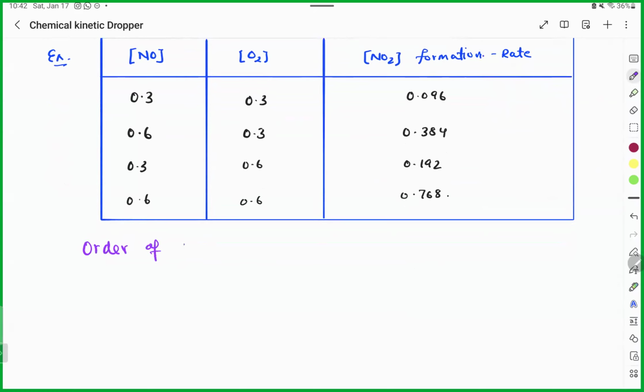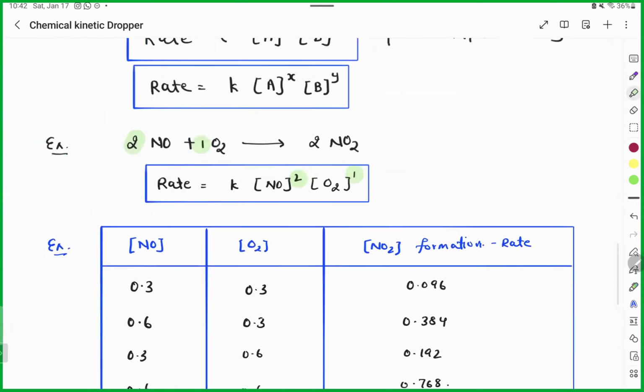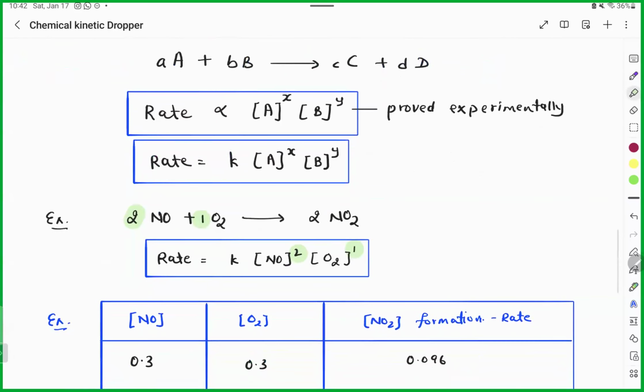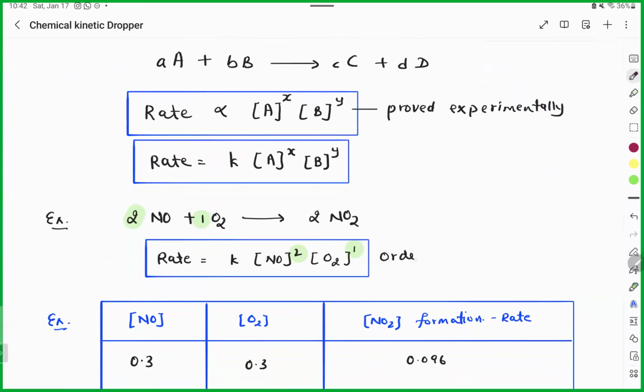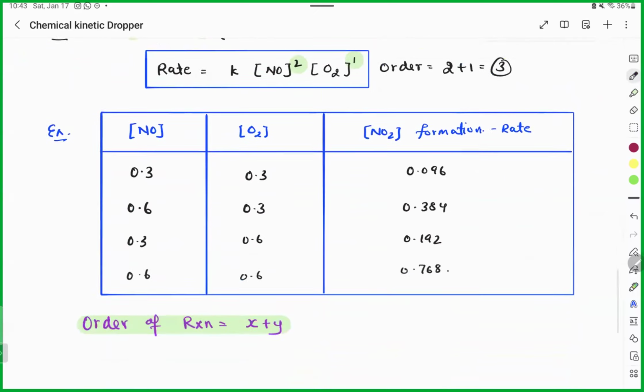So order of reaction will be simply equal to all the coefficients, but practically, experimentally, you can't tell based on the example. In this case, if you calculate order of the reaction, then instead of x you have 2, instead of y you have 1, so order of this reaction will be 3. Okay, so it will be proven experimentally.